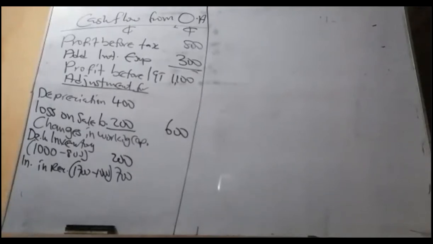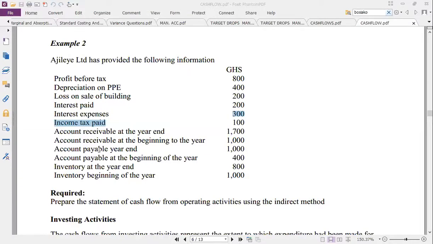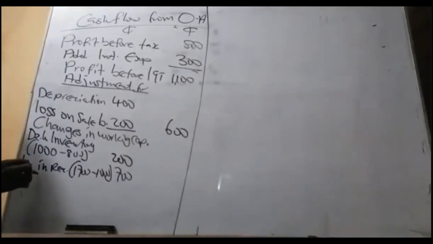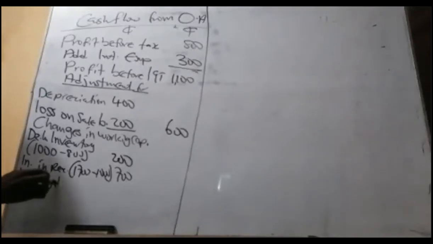Now let's see. The next one is trade payable. So account payable at the year end is what? 1000. But at the start is what? 400. So that's increased by what? 600. So tell the examiner that increase in payable, or trade payable, or account payable.